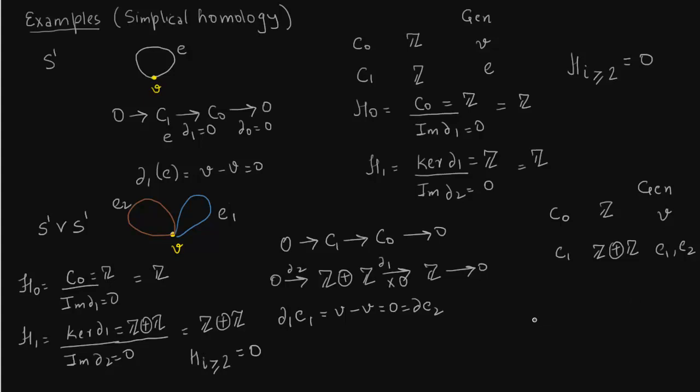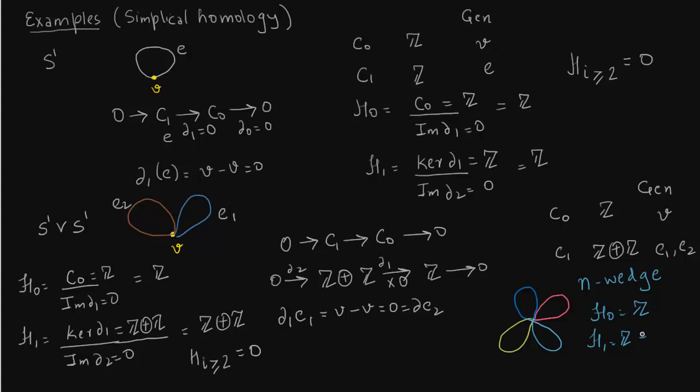So we can construct something like a wedge of n circles, all of them attached to a single point V. So let me draw just 4 of them, and this will now be clear. C0 is generated by a single 0 cell, C1 is generated by 4 edges.